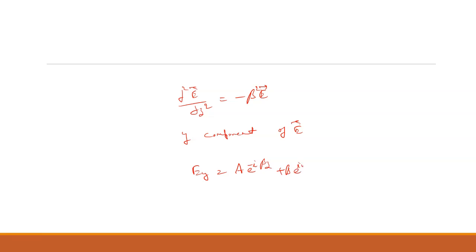Suppose the wave is propagating along plus z direction, then the wave equation in phasor form may be written as curly square E by curly z square equals minus beta square E. Now taking the y component of E only, suppose E is along y direction, then Ey is equal to a e raised to power minus iota beta z plus b e raised to power iota beta z, equation 2, where a and b are constants, and this is the solution in phasor notation.